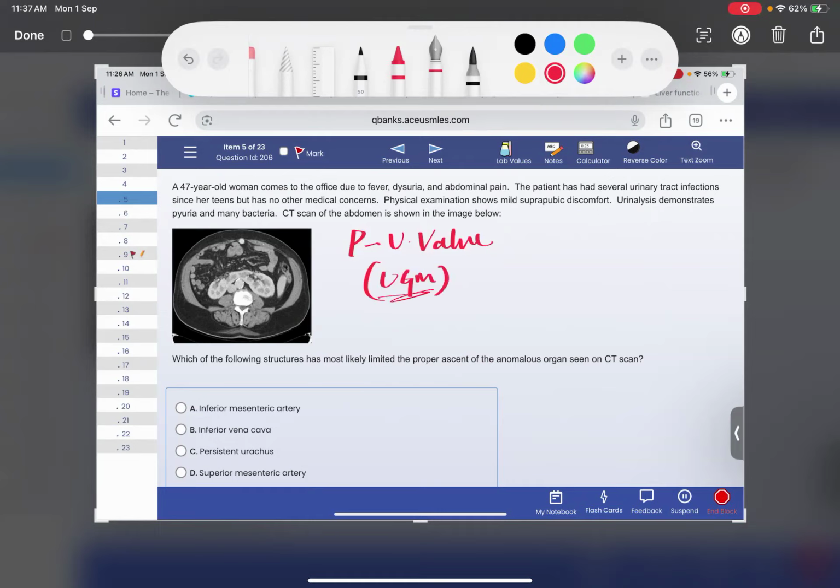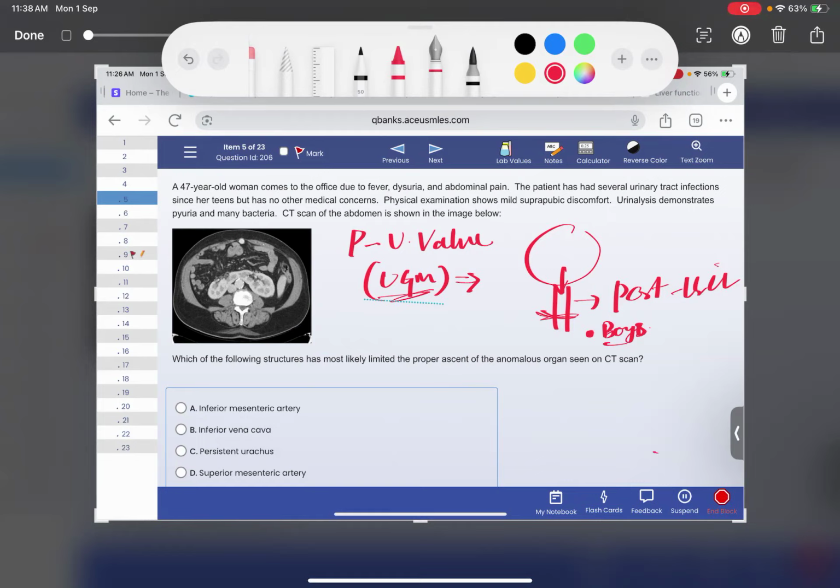You don't need to worry about this, but if this is the bladder and this is the urethra, it is present in the posterior urethra and it is blocking the flow. It is present in males, so it can lead to Potter's.